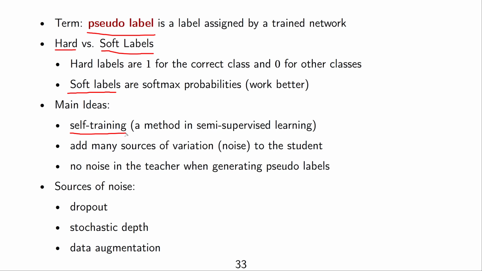The main ideas are self-training and adding many sources of variation, noise, to the student. That's also where the paper title comes from. And no noise in the teacher when generating pseudo-labels.